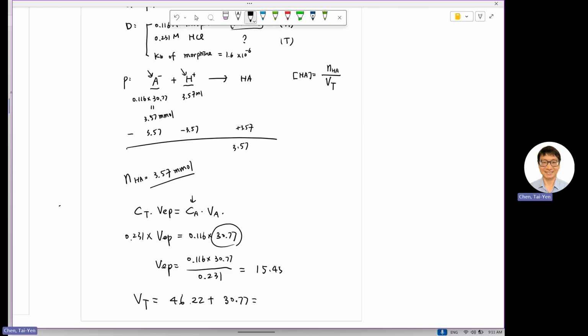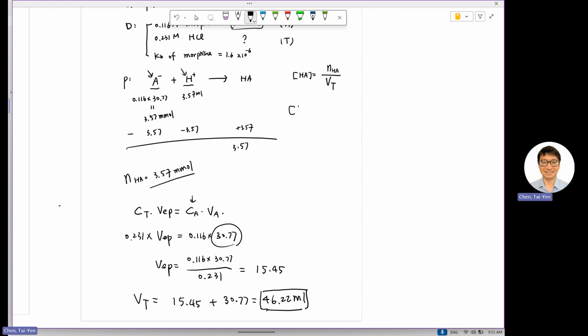My bad, it's actually 15.45. So 15.45 plus 30.77, they give you 46.22. Okay, so this will be the total volume of your solution at equivalence point.